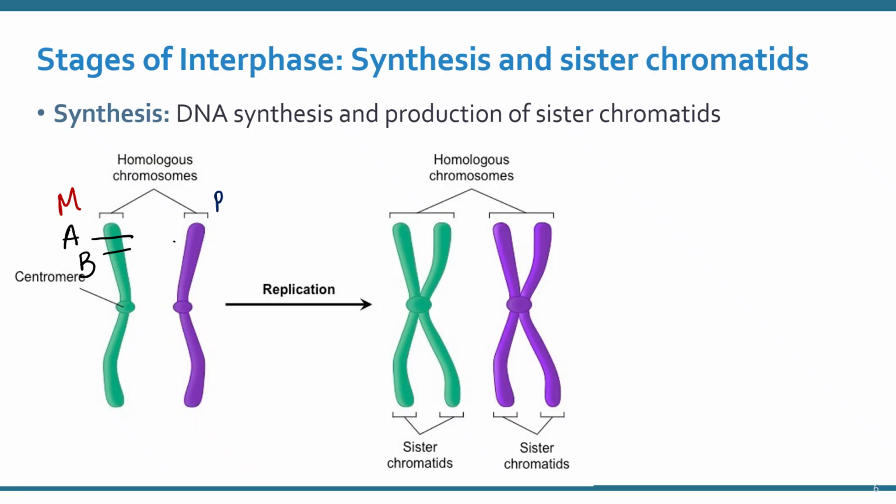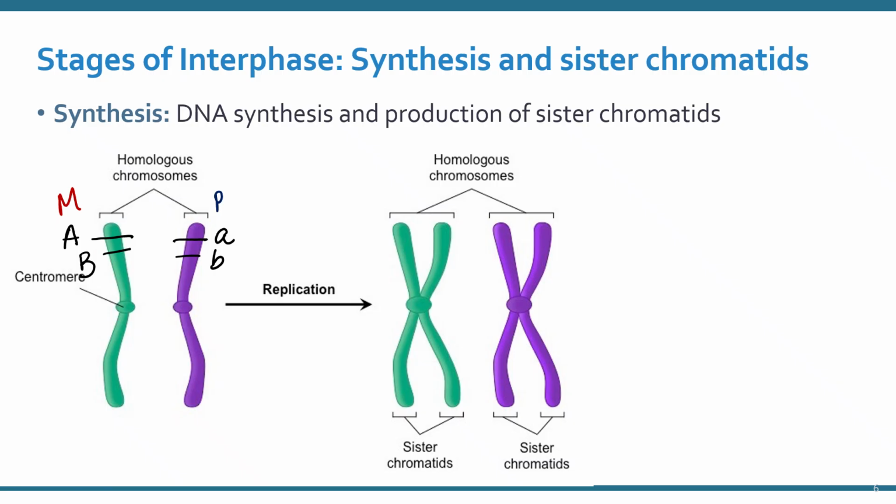So let's say we'll just go big A's and little B's. Same genes, same place, same size, same shape, same centromere in the same location. During DNA synthesis, each one of those is going to replicate and remain connected at the centromere.